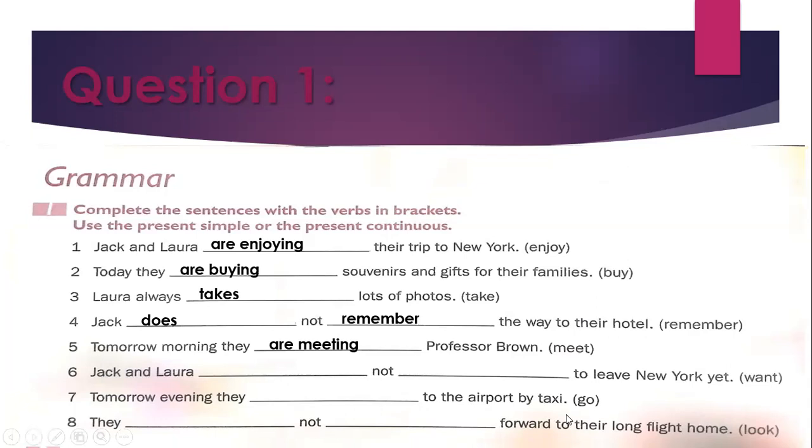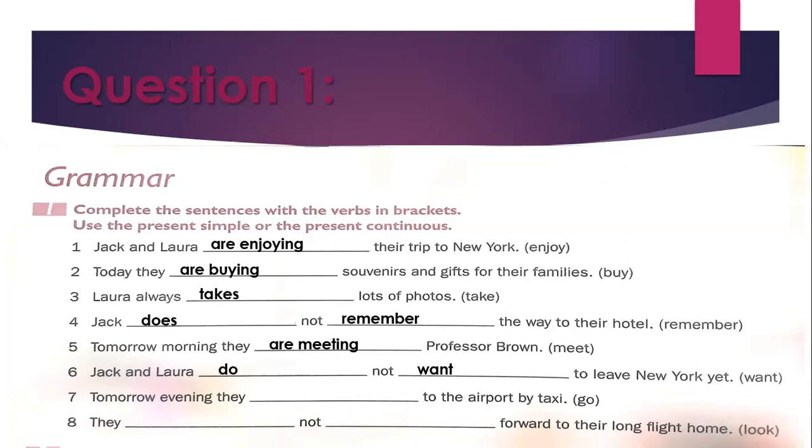Give me another example of a stative verb. Excellent. We have like, love, remember, decide, want, okay? So all of these stative verbs are used in the present simple tense. So Jack and Laura don't, not doesn't, because the subject here is plural, don't want to live in New York.